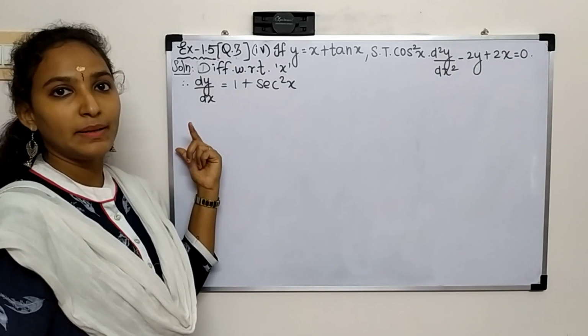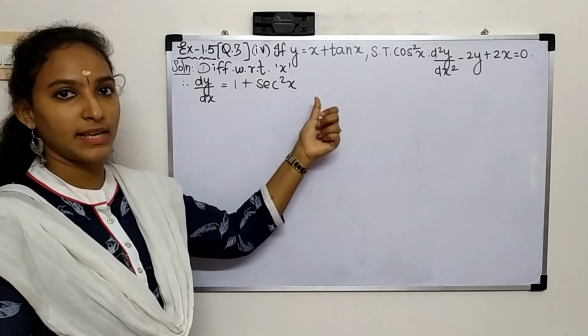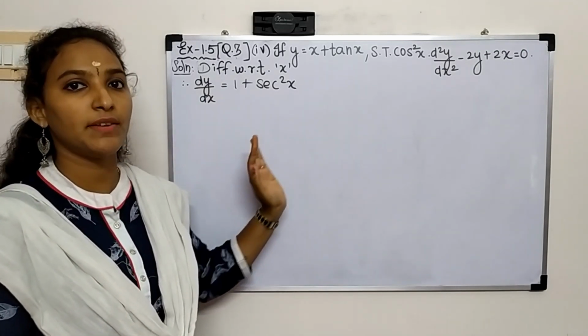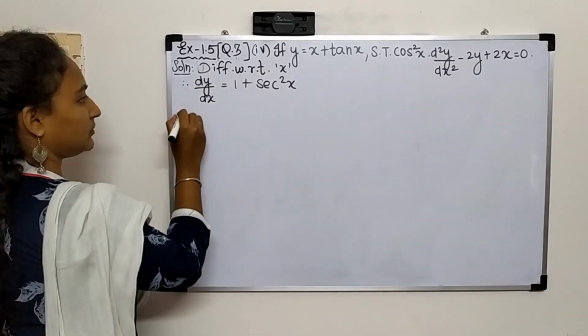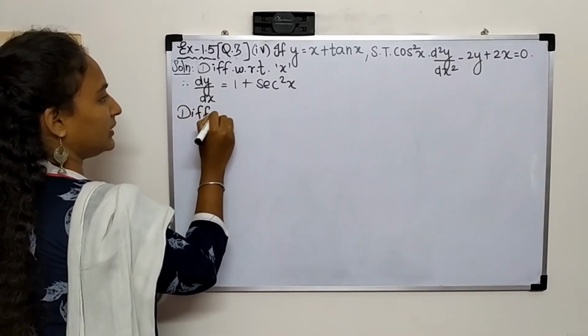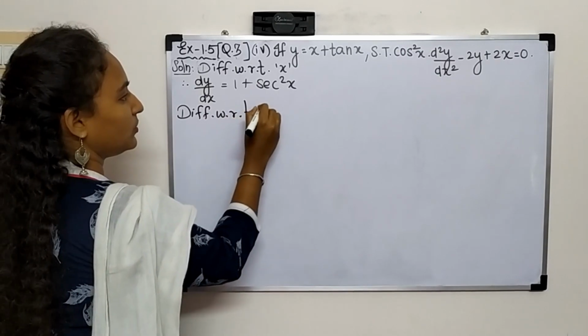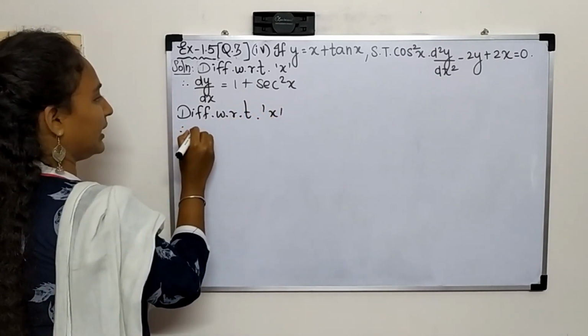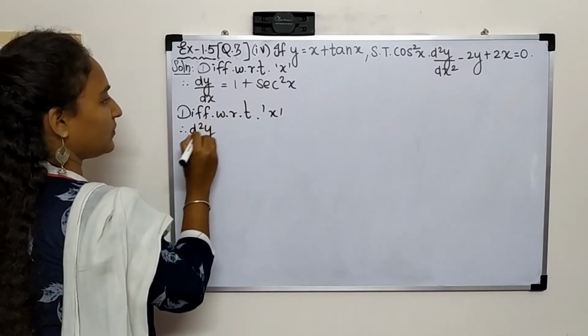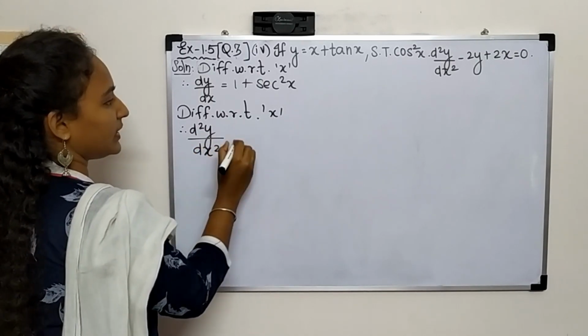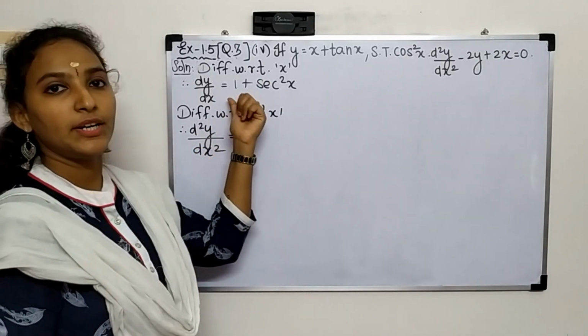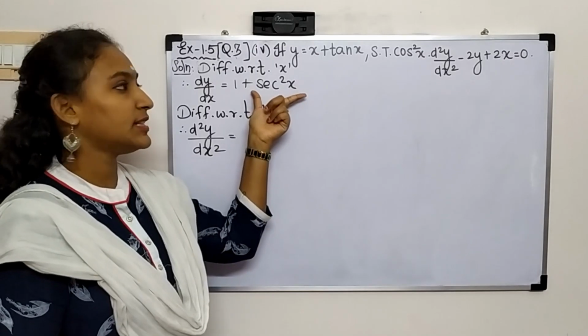So this is our dy by dx, which is equal to 1 plus sec square x. Again we are going to differentiate with respect to x. Therefore d square y upon dx square is equal to derivative of 1, which is 0, plus derivative of tan x, which is sec square x.